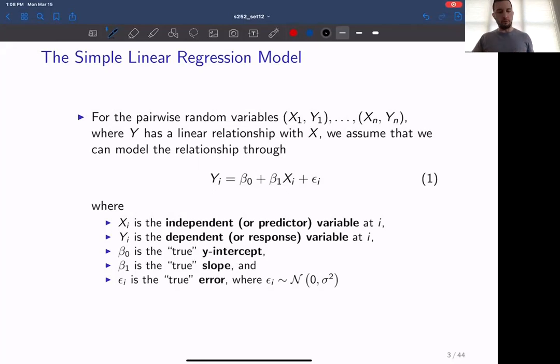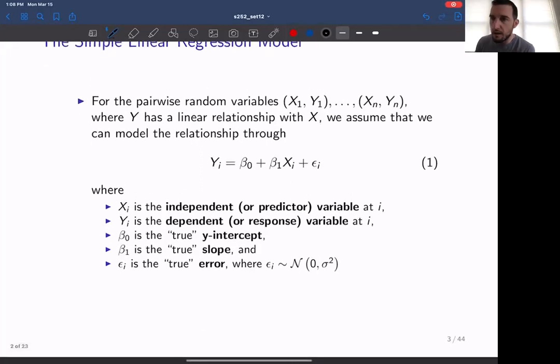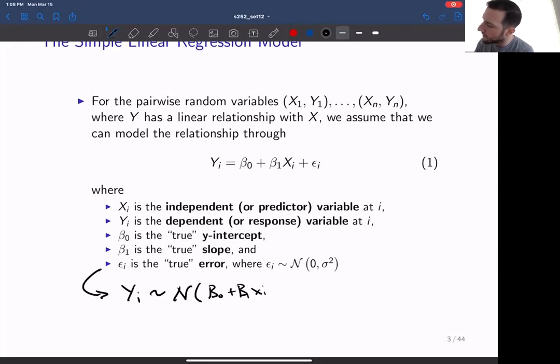It also introduces a distributional assumption on the parameters of the model. So you can see here that the epsilon term is normally distributed with mean 0 and constant variance. A lot like the ANOVA model that we talked about earlier, and actually you can show that one-way ANOVA is a special case of regression. We can show here that yi is normally distributed with mean beta0 plus beta1 xi and variance sigma squared.